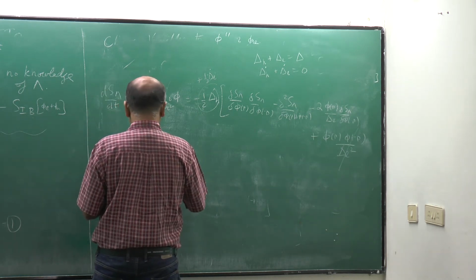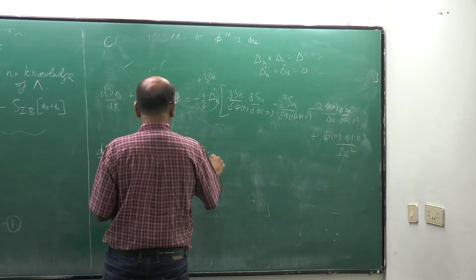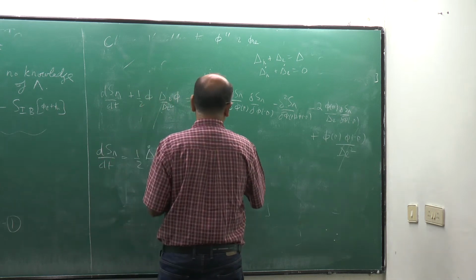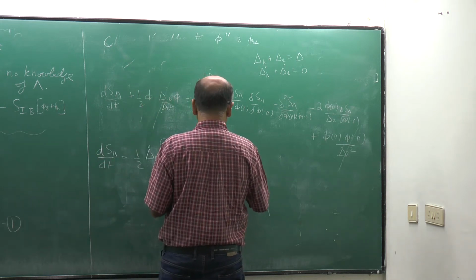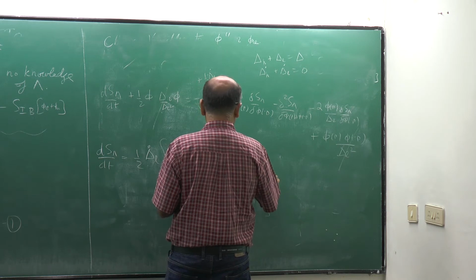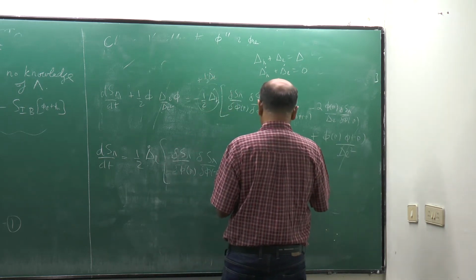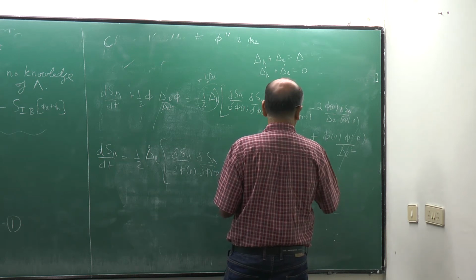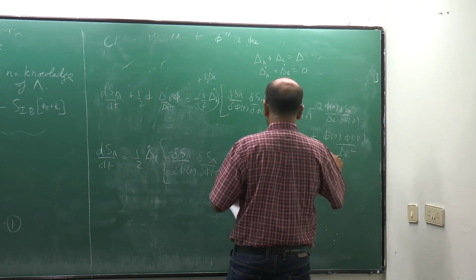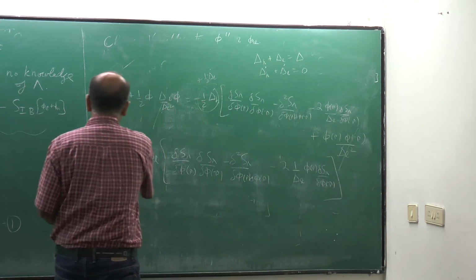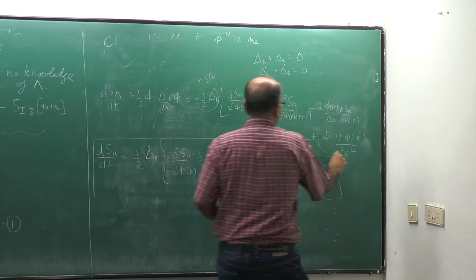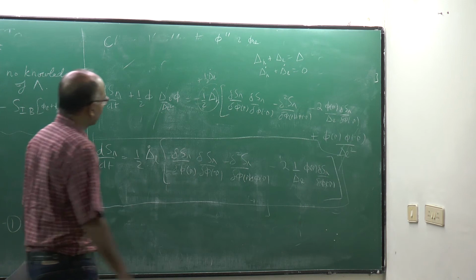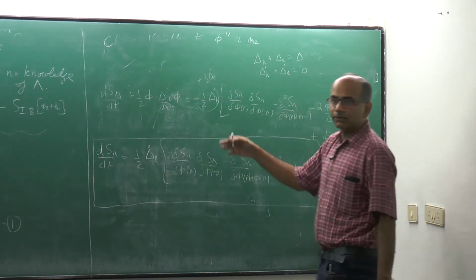So let me just write it for completeness. So this is Wilson's equation, or Wilson's equation as written by Polchinski, which is usually called the Polchinski equation for the full Wilson action. It's equivalent to that equation.